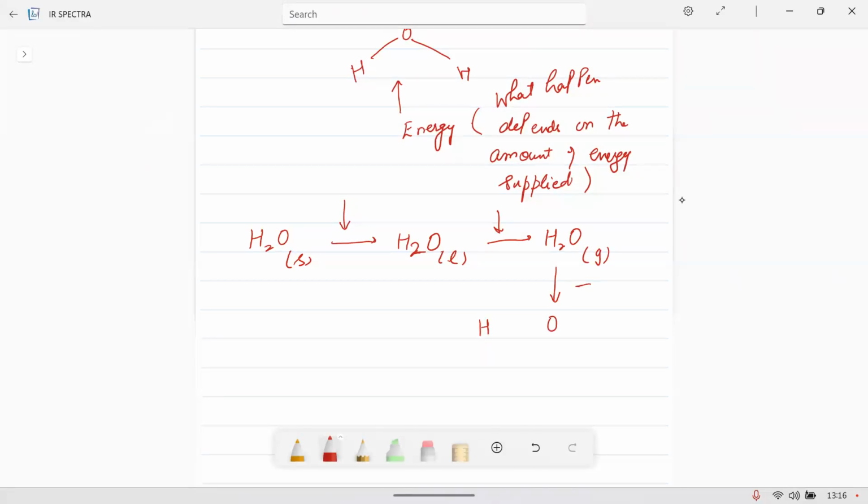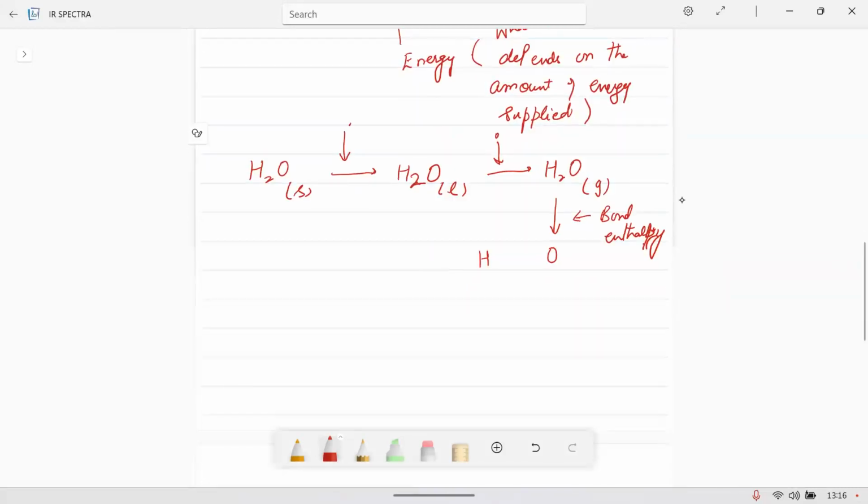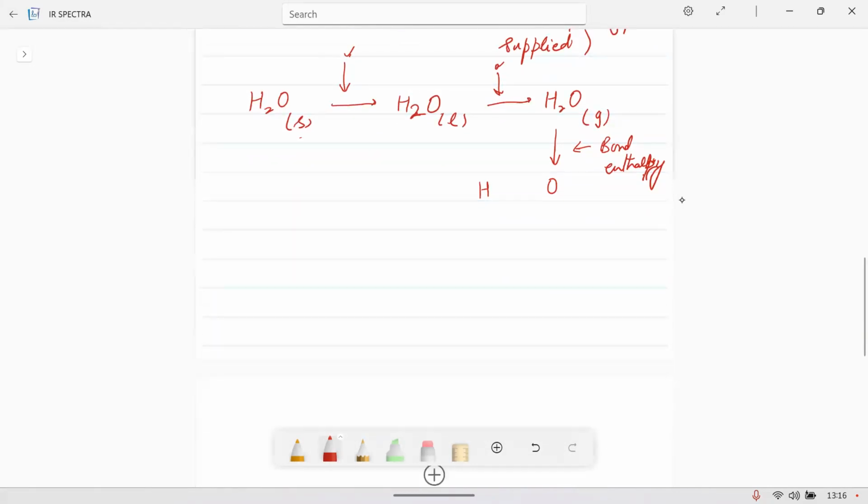That would be called bond enthalpy, while these will be called enthalpy of change of state. This will be enthalpy of melting, because you are changing solid into liquid, and this will be liquid to gas, so enthalpy of vaporization. Now, if you continue providing energy, this may lose an electron. I am not balancing it, but in this case that energy will be called ionization energy.